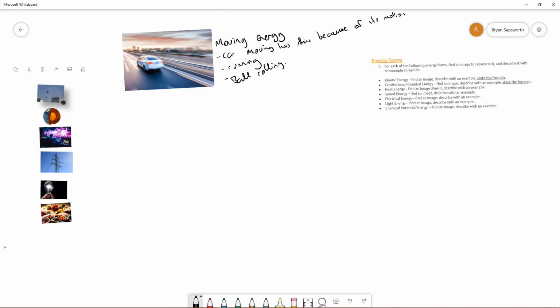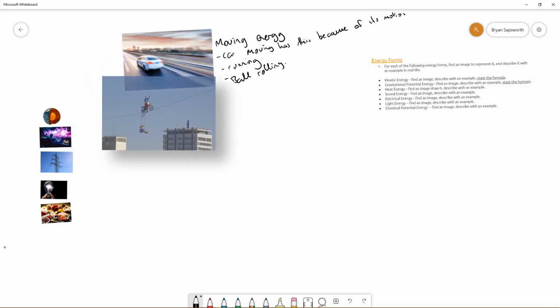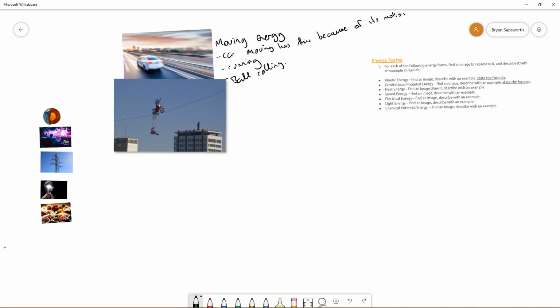Okay, next one, gravitational potential energy. Here we've got someone up high. It's a height energy, or an energy due to your position in a gravitational field. Essentially, there's a G field going downwards, and that creates this force called weight on this person.